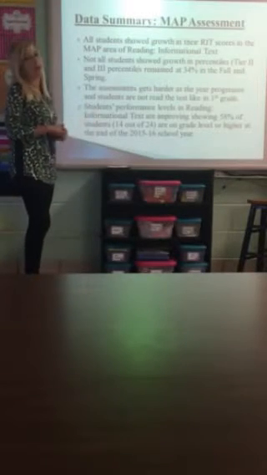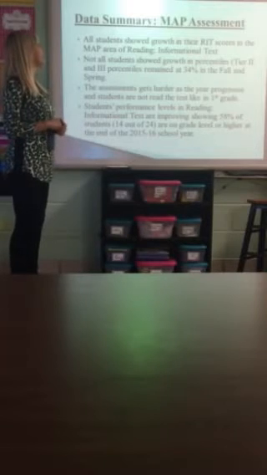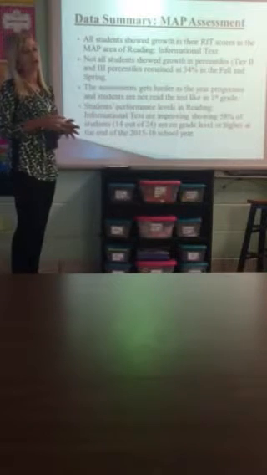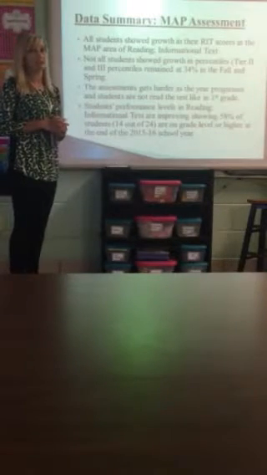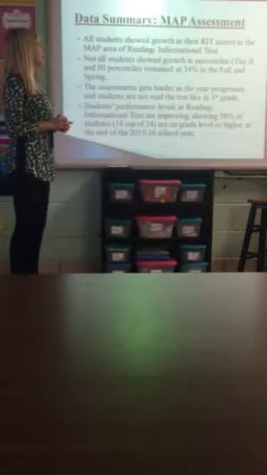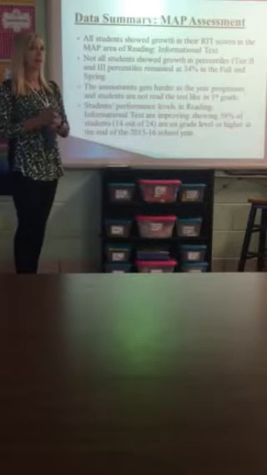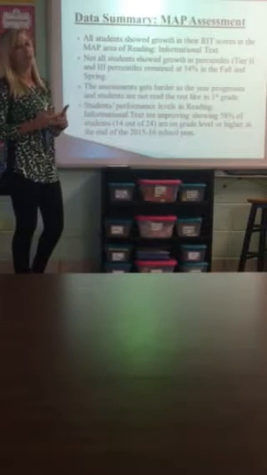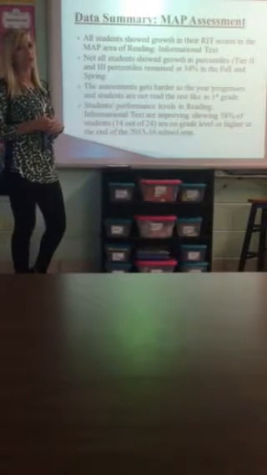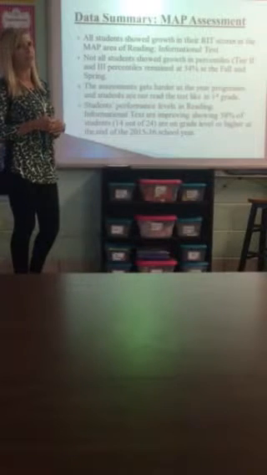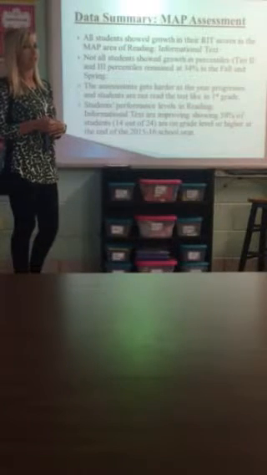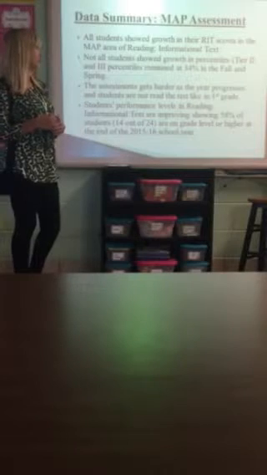My summary of my MAP assessment data is that my students actually showed major growth in their RIT scores, but they didn't actually show growth in their percentiles as much as what I thought, because my students who were Tier 3 and Tier 2 actually remained at the same percentile from the fall to the spring.